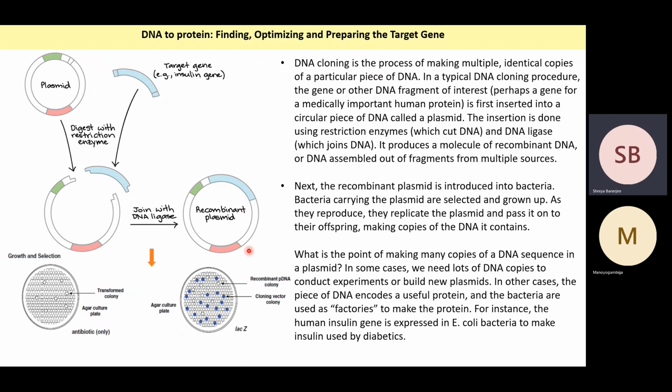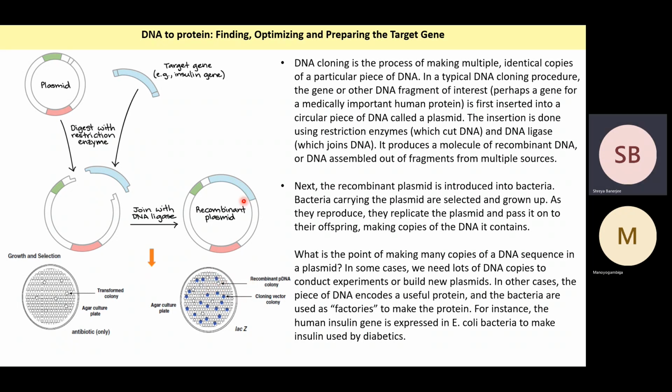Next, this recombinant plasmid is introduced into the bacteria, and the bacteria carrying the plasmid are selected and grown up. When the bacteria reproduce, they replicate this plasmid and pass it on to their offspring, making copies of this DNA. Then you will have a colony which has the normal plasmid, which is the cloning vector colony, and it also has recombinant plasmids, which is shown by these white circles here.